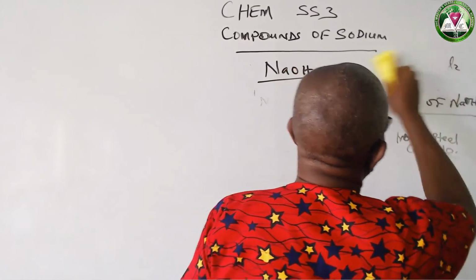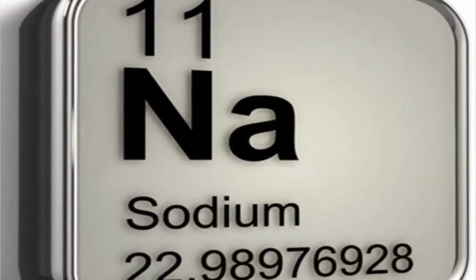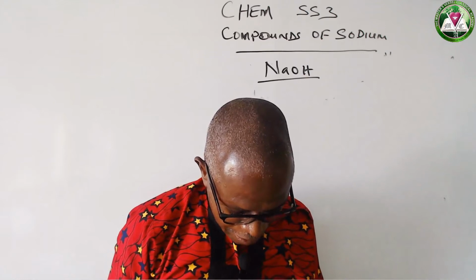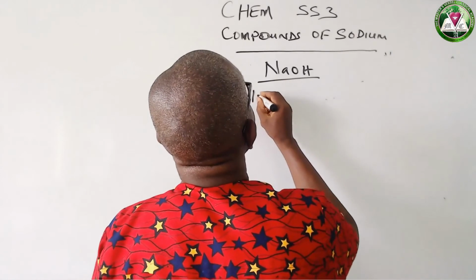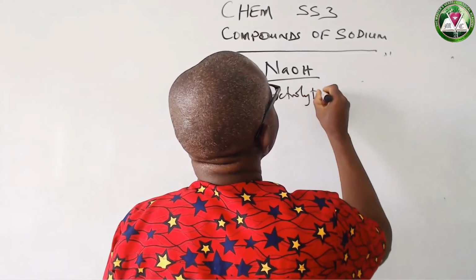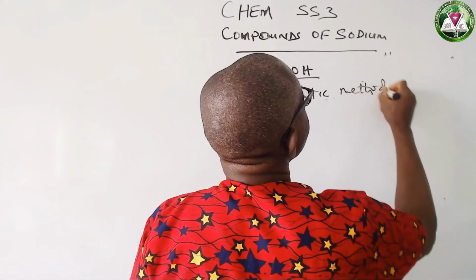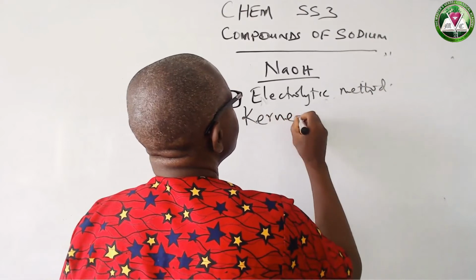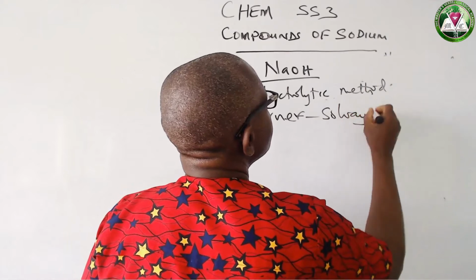We are going to look at only one of them, which is the Castner-Kellner cell.